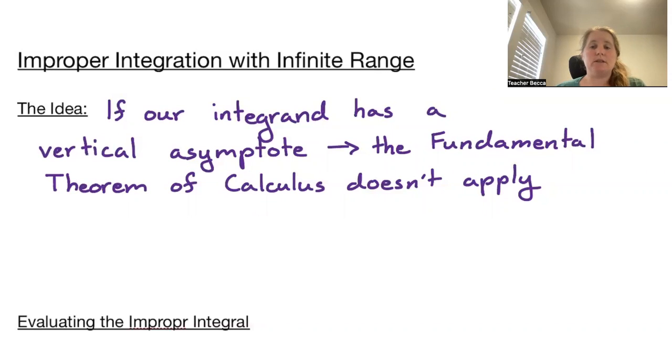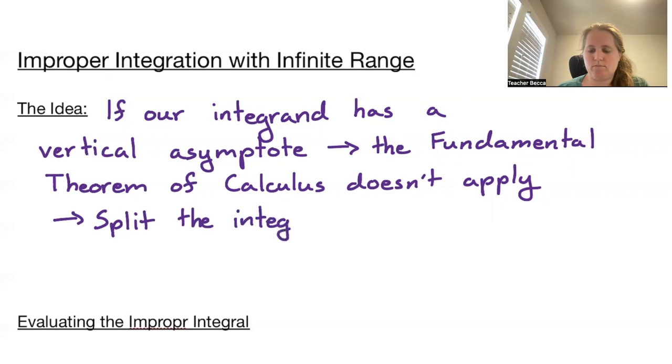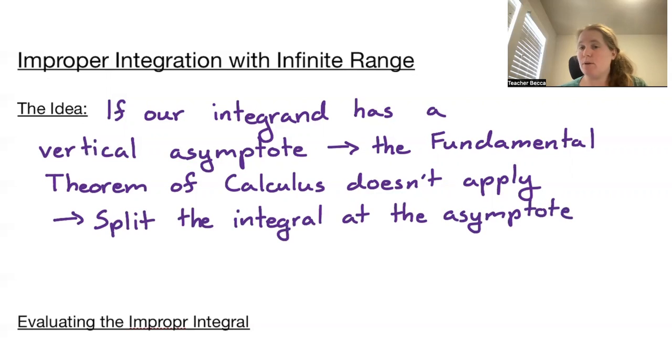So what we do is we split the integral at the asymptote. And then we let the bounds approach the asymptote.